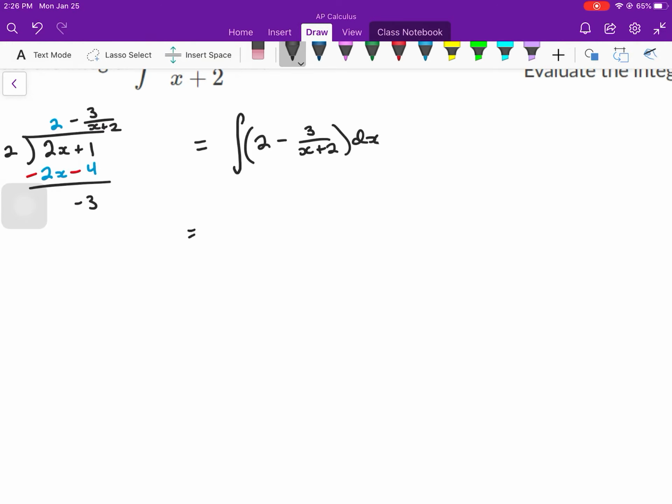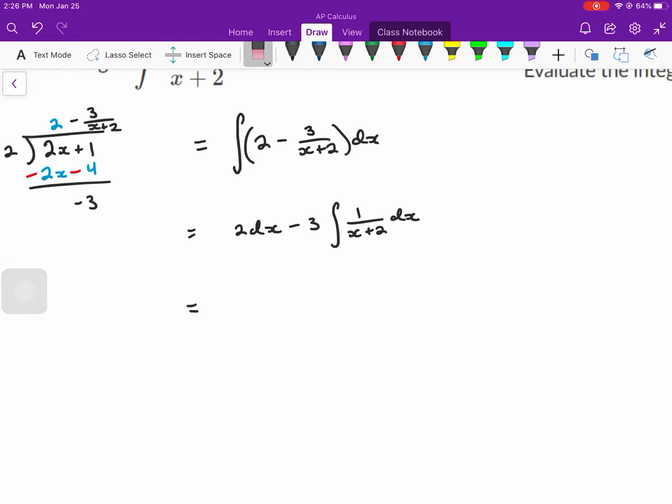So I can split this integral up. And so just going to integrate the 2, and this one's separate, brought the 3 out to the front. So in this situation, we know that's just going to be a 2x.